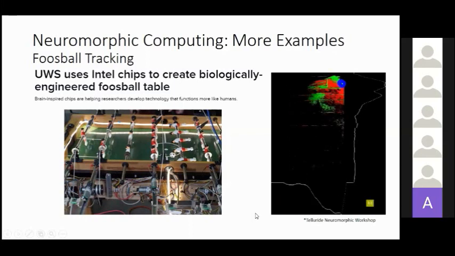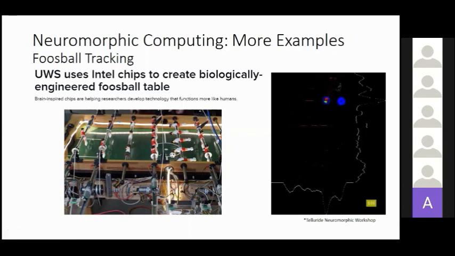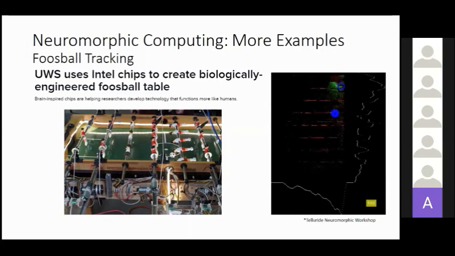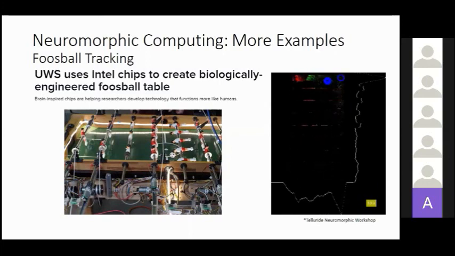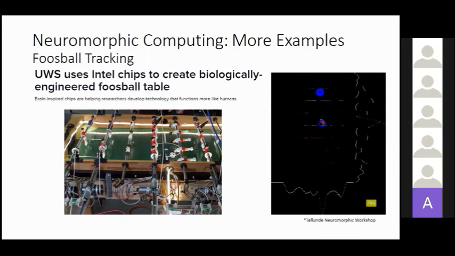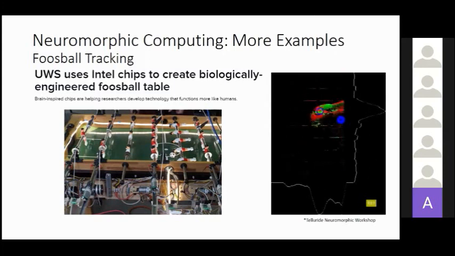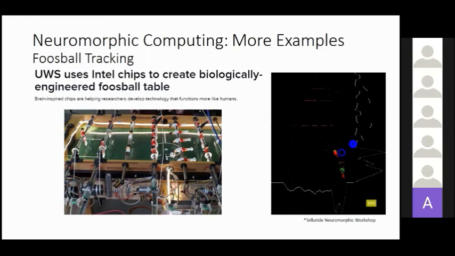You'll see the circle that's tracking the ball, and the thicker circle is the temporally filtered, Kalman filtered estimate of the ball. The basic goal is you'll have humans playing on one side and this neuromorphic system playing on the other side, and you're going to have a foosball match. It's kind of a robot World Cup scenario for neuromorphic computing.